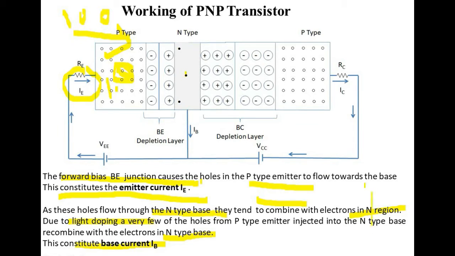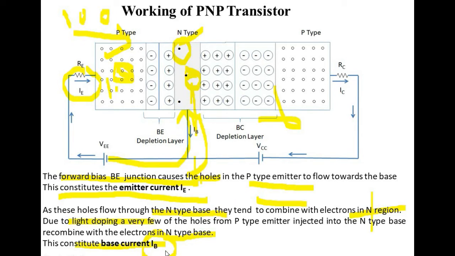Because the doping of the base is very light, suppose there are only 2 electrons. So only 2 holes will recombine with these 2 electrons. It means these 2 electrons are lost in the base region. So from the negative terminal of the battery, these 2 electrons will be supplied. That is why we get this base current IB. So after the recombination of holes in the base, we get a base current IB.